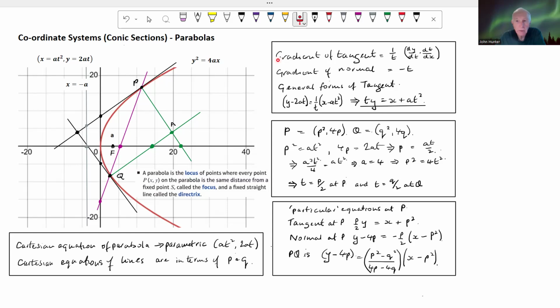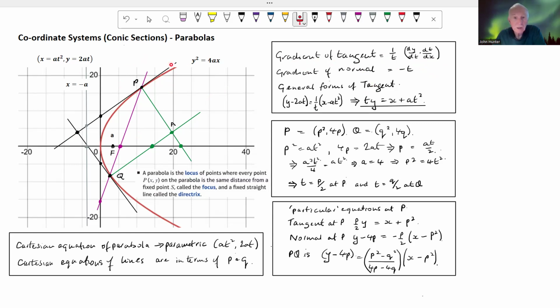So let's have a look at some things we can glean from all this. The gradient of the tangent is 1 over t. We can derive that by finding dy/dx, which we find from the parametric version of the equations, which is dy/dt times dt/dx.